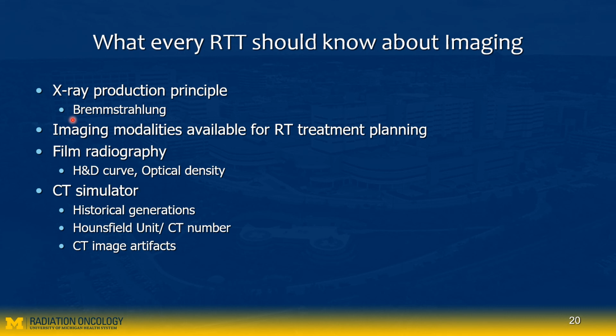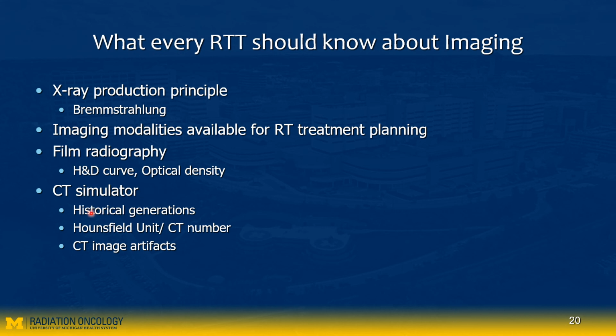Then you have to understand the different imaging modalities available in radiation therapy treatment planning, right? So CT, PET, MRI. Then you have to understand film radiography. We talked about this characteristic curve, and then optical density.